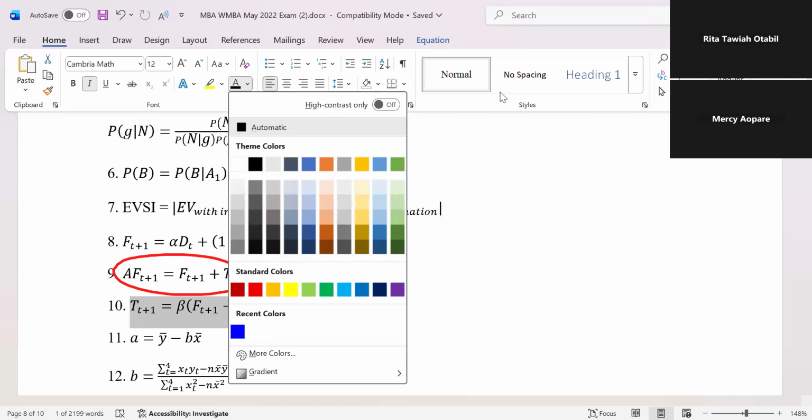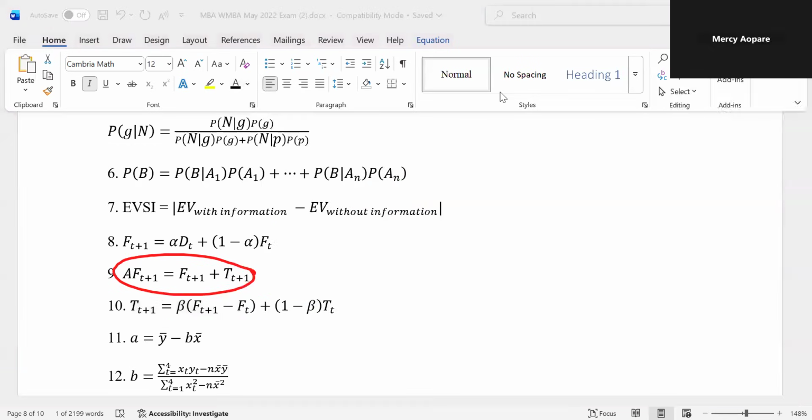Please, what did you say the name of the formula is again? Which one? The number 9, the one you circled. The adjusted exponential smoothing forecast. Okay, thank you. So an adjusted exponential smoothing, the A is adjusted.